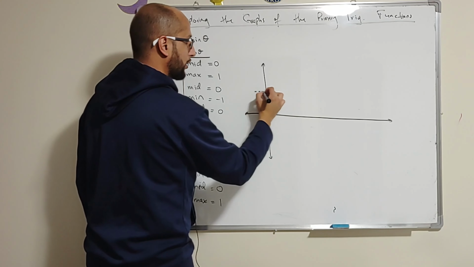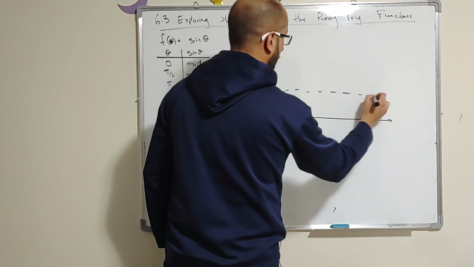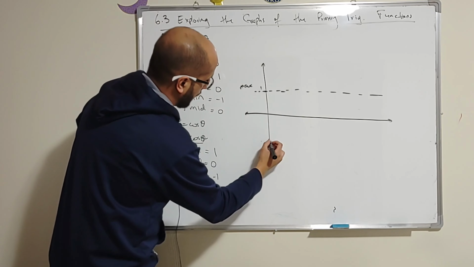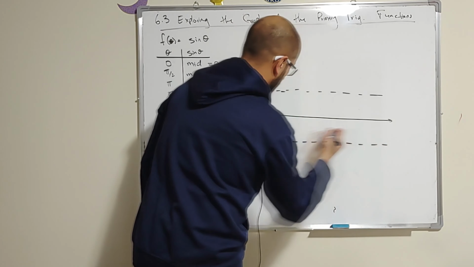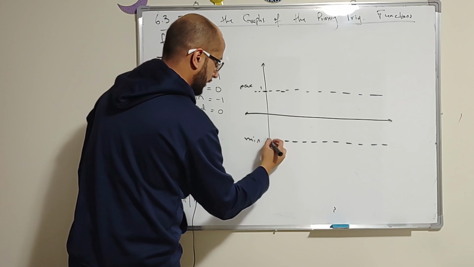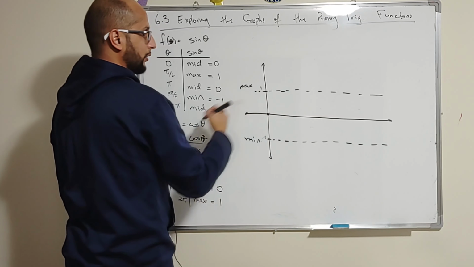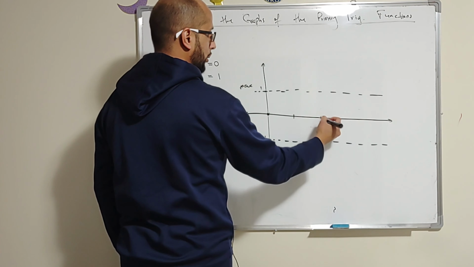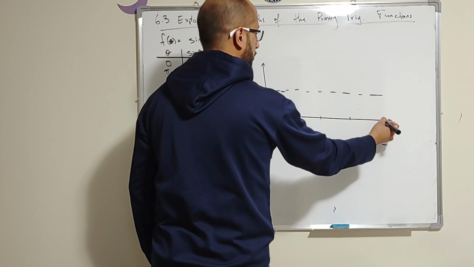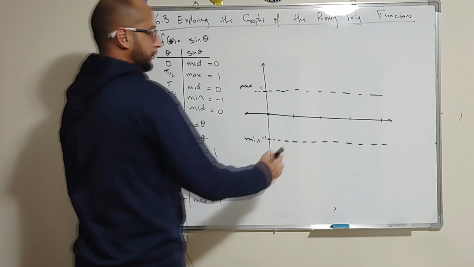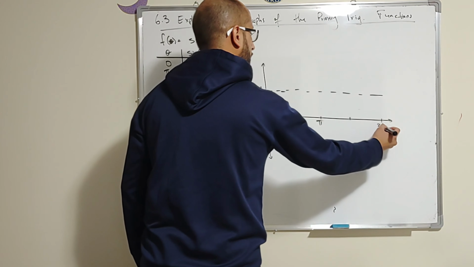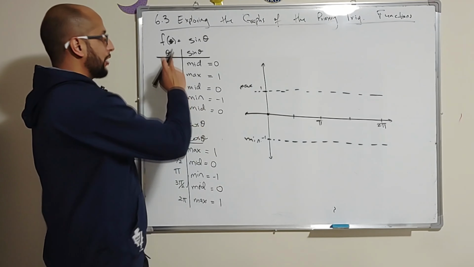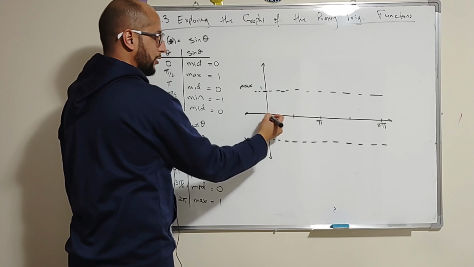The key points that I want are the max, which is at 1, and the minimum, which is at -1, and then you have the middle. On my x-axis, I have 0, pi over 2, pi, 3 pi over 2, and 2 pi. So there's pi, 2 pi, and then I know the middle ones would have to be half of each of those. For the sine function, I start at 0.